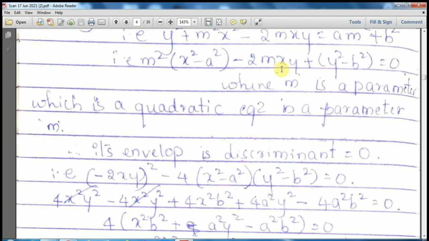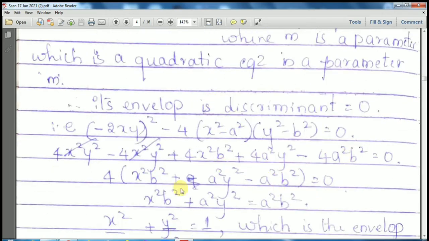In the place of b, we have minus 2xy. B square will be minus 2xy, the whole square. B will be minus 2mxy, right? With the parameter m, so we are taking the value of b only. So minus 4 into the value of a, which is x square minus a square, and the value of c is y square minus b square.